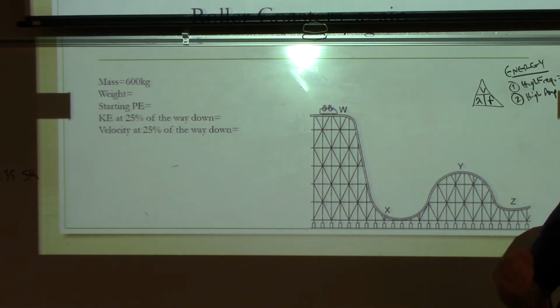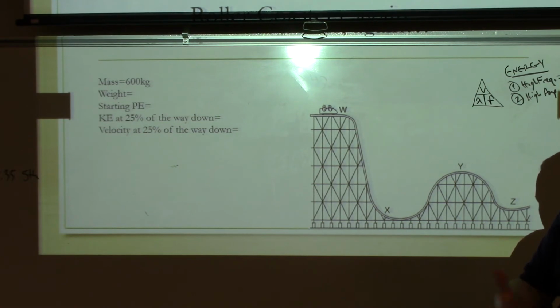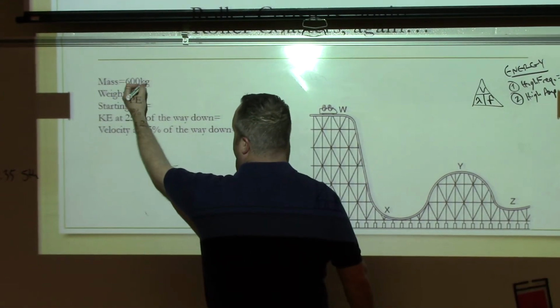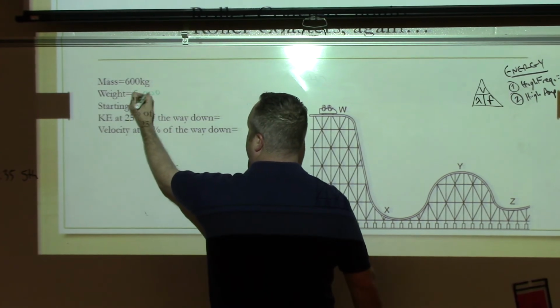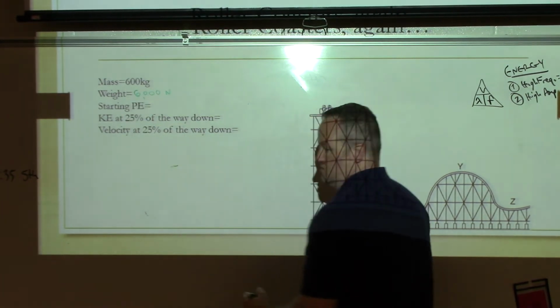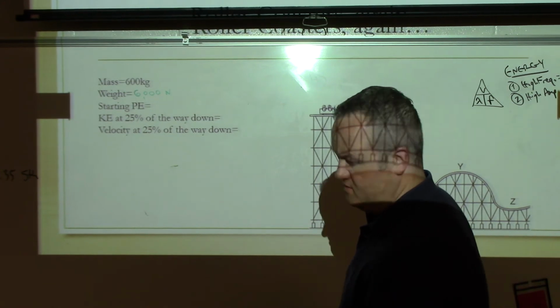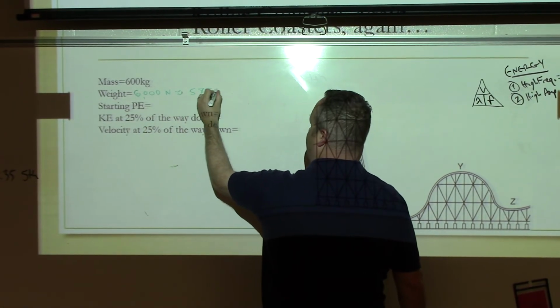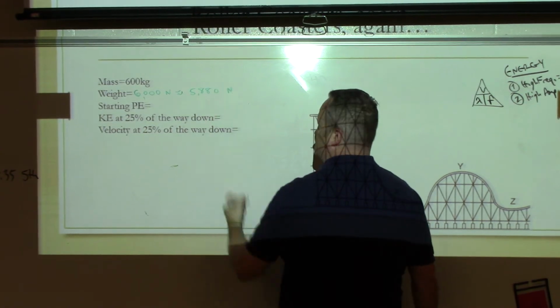What is gravity? 9.8. We can round 9.8 to 10, right? So if I have 600 kilograms, my weight is going to be somewhere around 600 newtons. Did you get the precise answer? 5,880. Okay, so it's 5,880 exactly in newtons, or thereabouts, right?